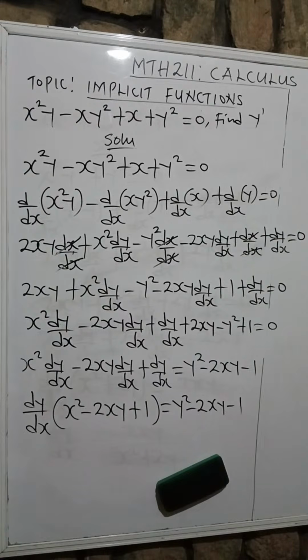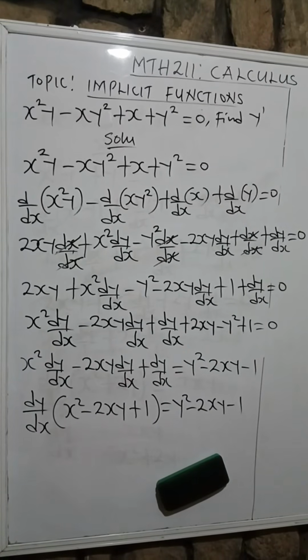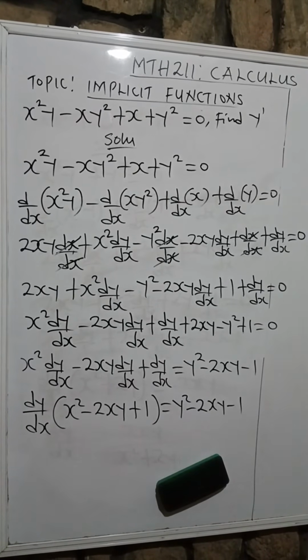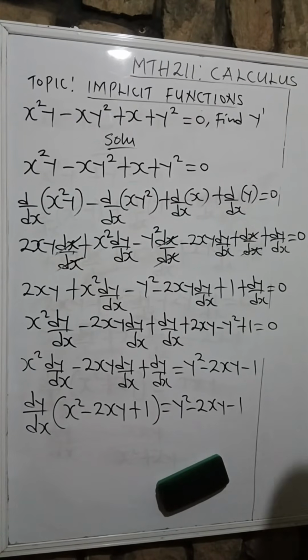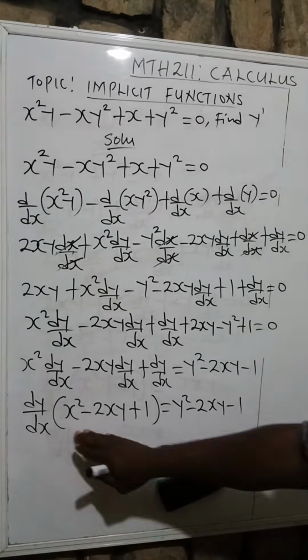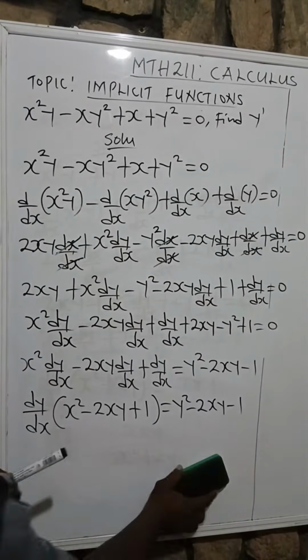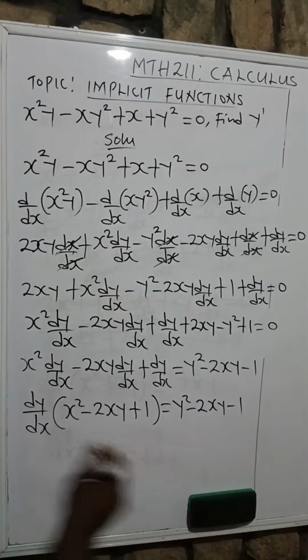Okay, so now what we are going to do here is divide through by this. So if we divide through by this, that is what we are supposed to have.